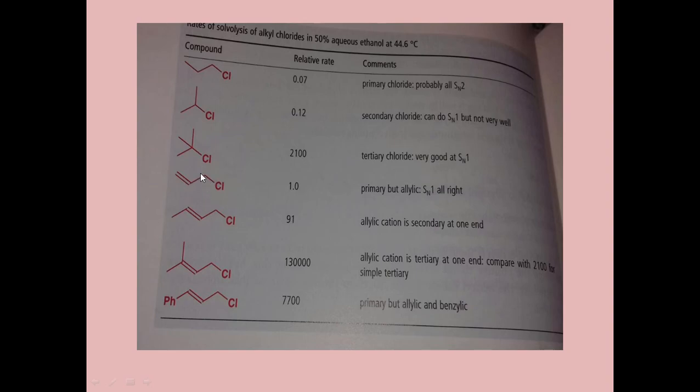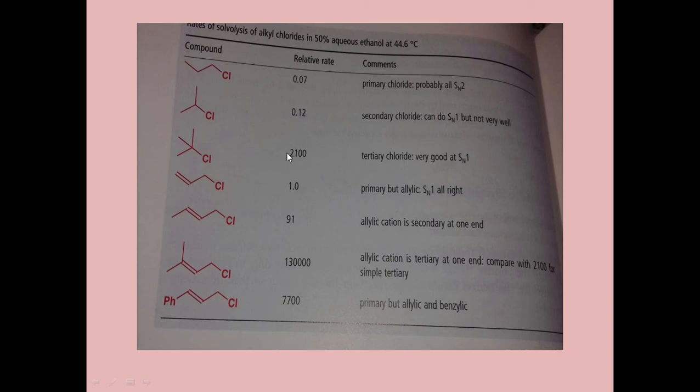Here we'll get a positive charge and there will be resonance. SN1 is alright. And here we will get an allyl cation, right? Secondary at one end. And then this one, the relative rate is not 13,000, it's like 1,30,000, because the allylic cation is tertiary at one end compared with simply tertiary.